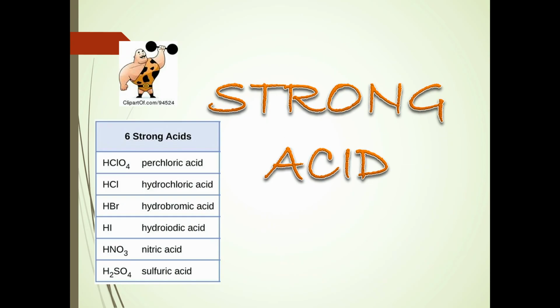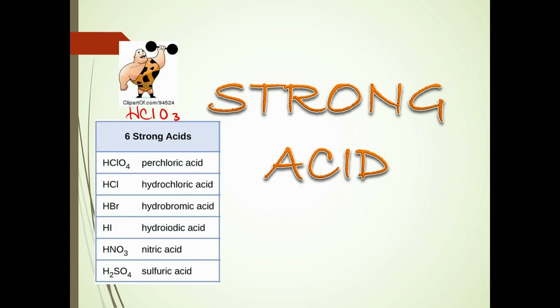So this is the list your book gives you of the 6 strong acids. There's actually another one that they don't include. The halogens, with the exception of fluorine: chlorine, bromine, and iodine. Astatine's a rare radioactive material, so we're ignoring that.